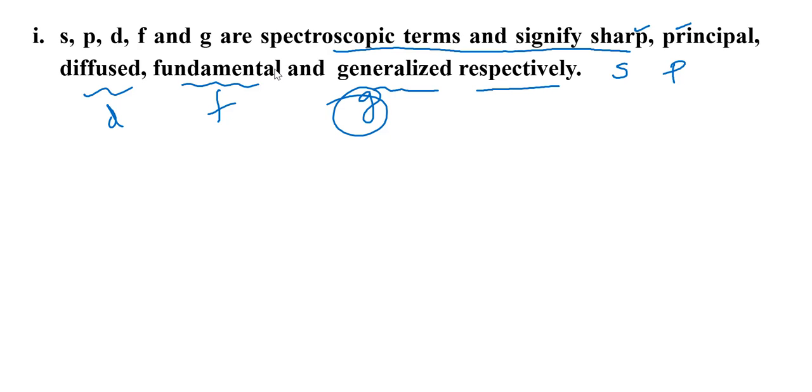Some students ask, sir, why not a, b, c, d? Why did they keep it s, p, d, f? That type of doubt you may get. So these are the spectroscopic terms. The s orbital will have sharp lines in the graph, diffused means diffused lines, and fundamental and generalized are based on the graphical lines.